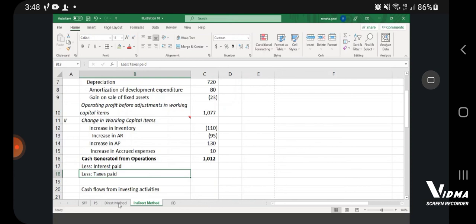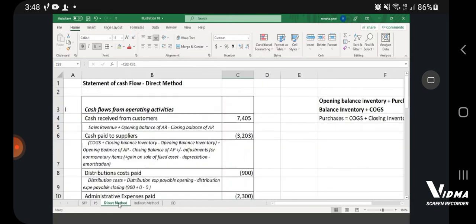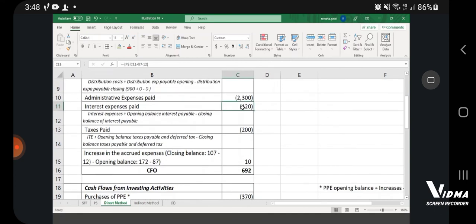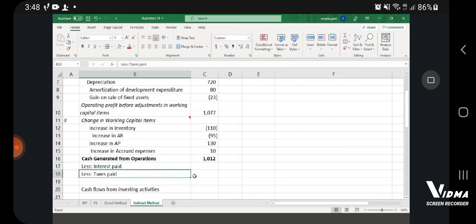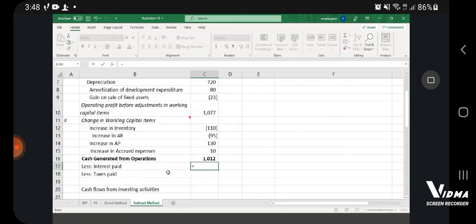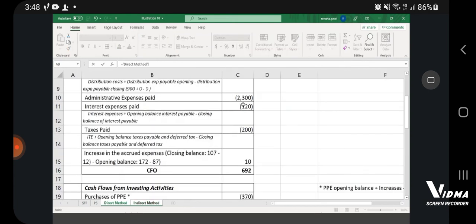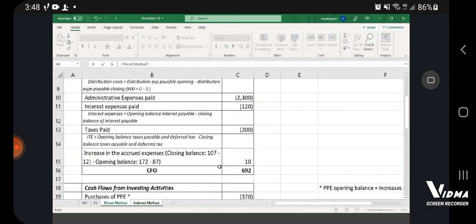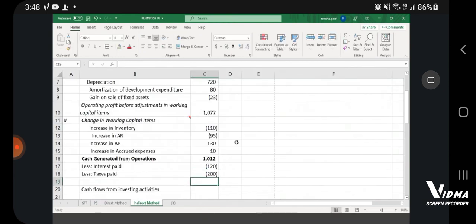If I didn't prepare the direct method, I would do the same calculation as in that method, but luckily, we have already calculated both interest expenses paid and taxes paid. And when I come to the indirect method, I just refer to the amount that I had already calculated in the previous method. So, as I promised, things will become easier right now.